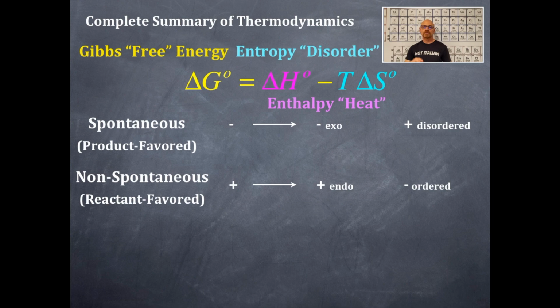Okay? So you should see that when the enthalpy and the entropy are opposite in sign, you absolutely know whether the reaction is spontaneous or non-spontaneous. The question is, when the enthalpy and entropy are of the same sign, you do not know delta G. So you need to look at how large one is compared to the other.